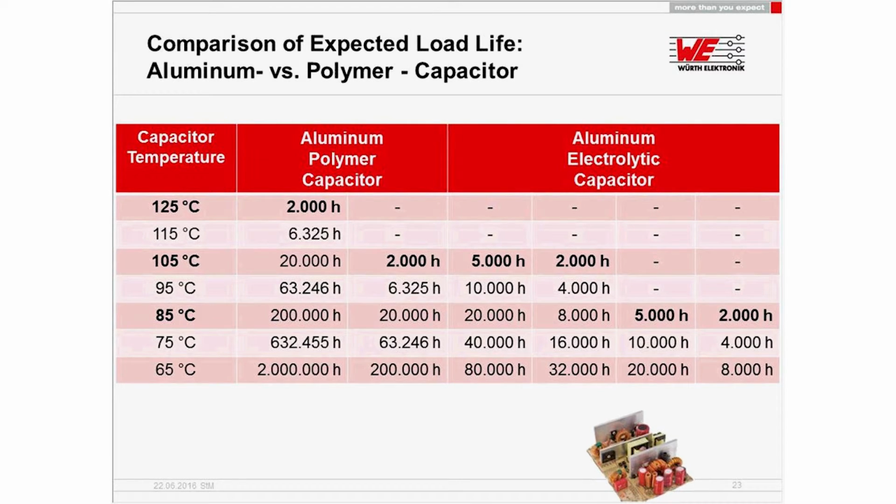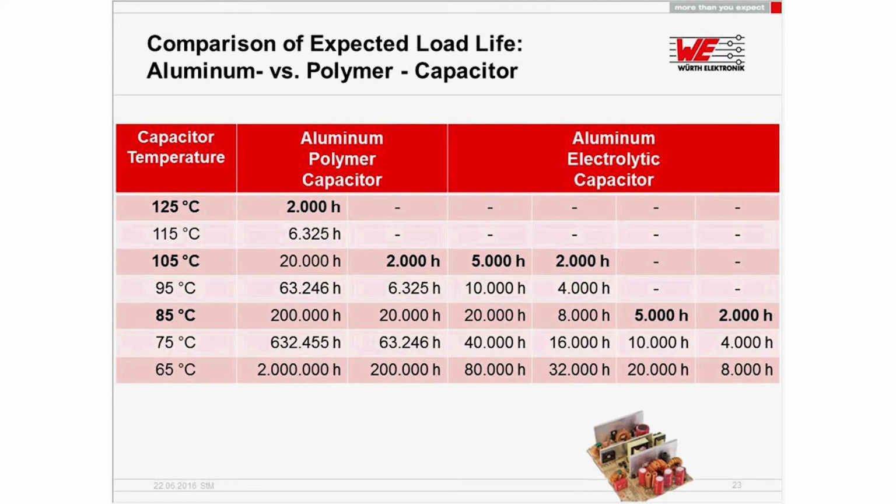So this is a product made for 125 degrees with 2000 hours, in the second column 2000 hours, and in the third column a 105 degree product with 2000 hours. Following columns for E-caps are again similar: a 105 degree 5000 hour product, a 105 degree 2000 hour expected lifetime, and the last two columns are 85 degree products, max temperature, with 5000 and 2000 hours.